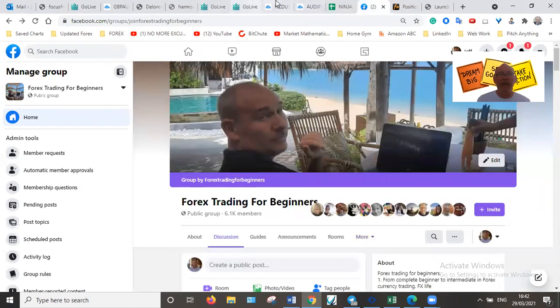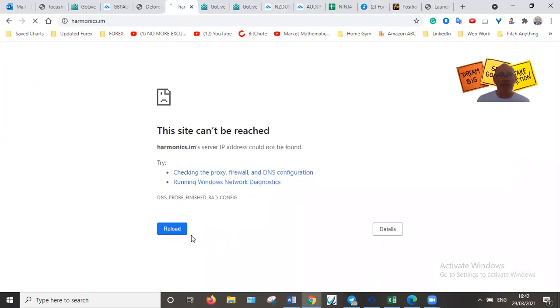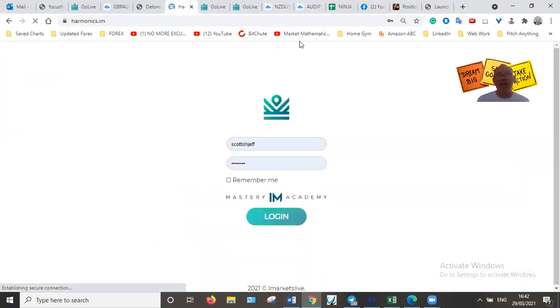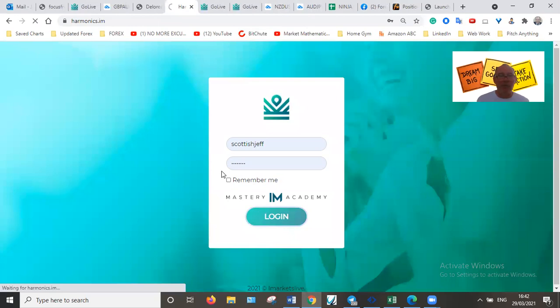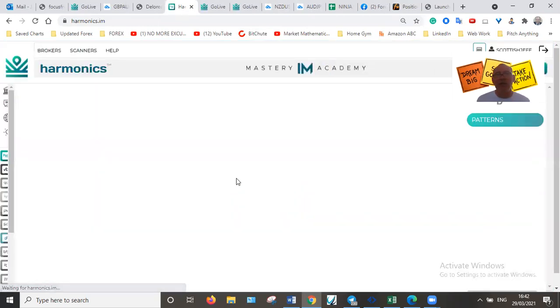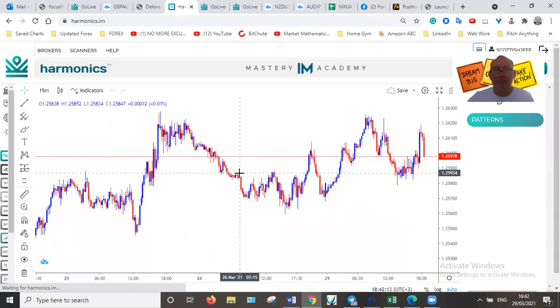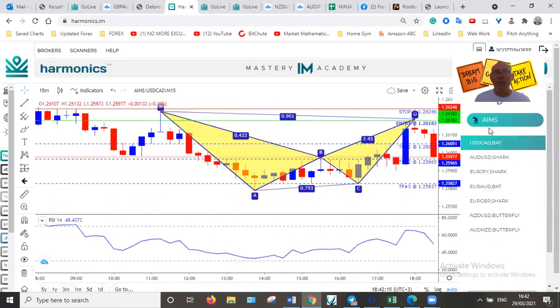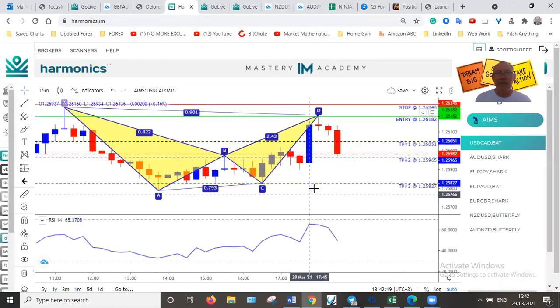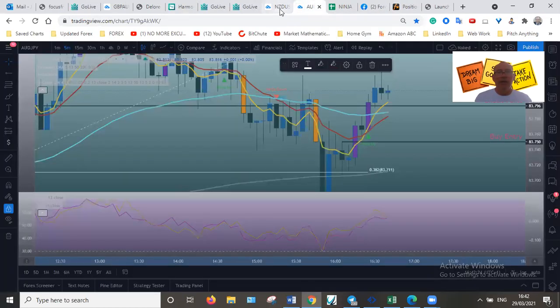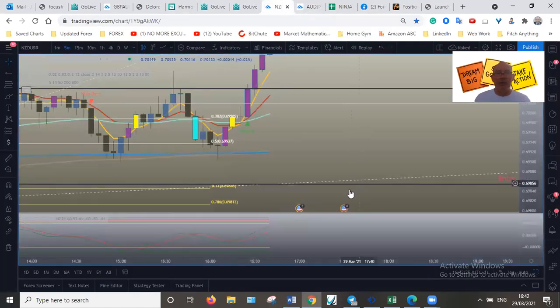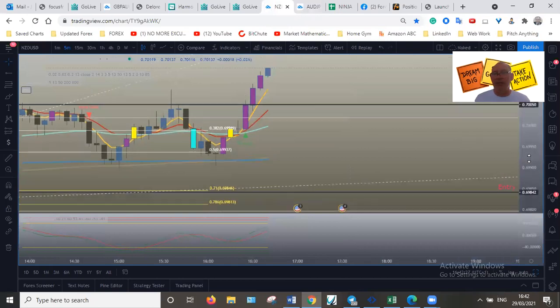You can see here, I'm looking at a few pairs with our famous harmonic scanner, which you get in the Ninja trading system. These are a couple of pairs I was looking at, and I've entered trades actually.